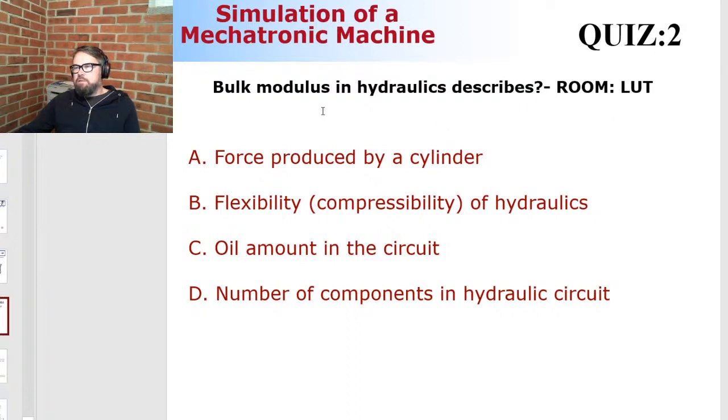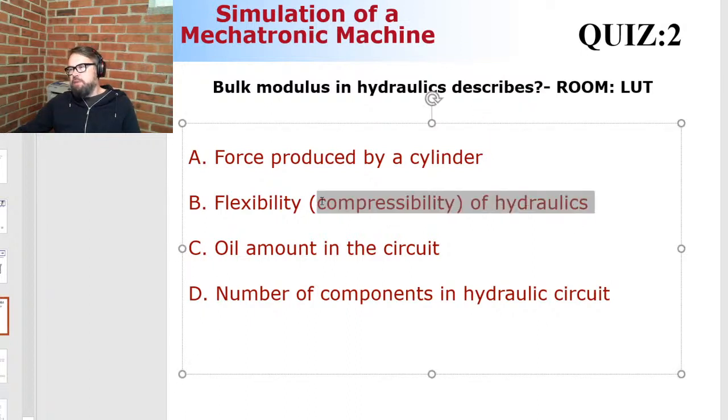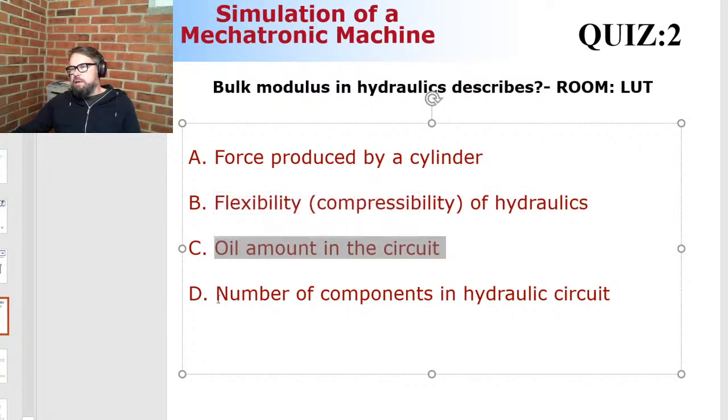So bulk modulus in hydraulics describes what? Force produced by a cylinder, flexibility, compressibility of hydraulic oil, amount of oil in the hydraulic circuit, or number of components in the hydraulic circuit. Only one is correct.